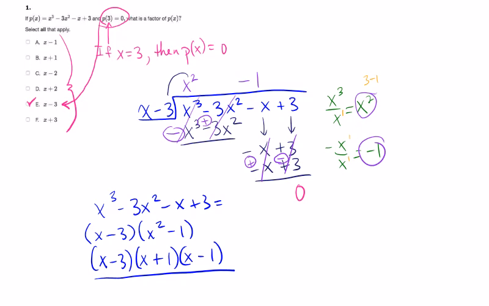And so now we already have this one figured out, right? Now we just have to look up here for these two, and we see that this is one of them, and this is one of them. All right. So that's how you do number 1.